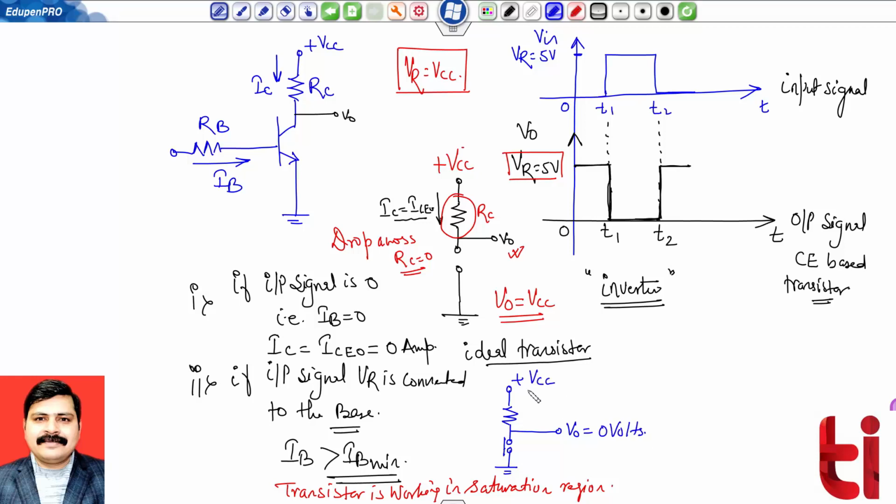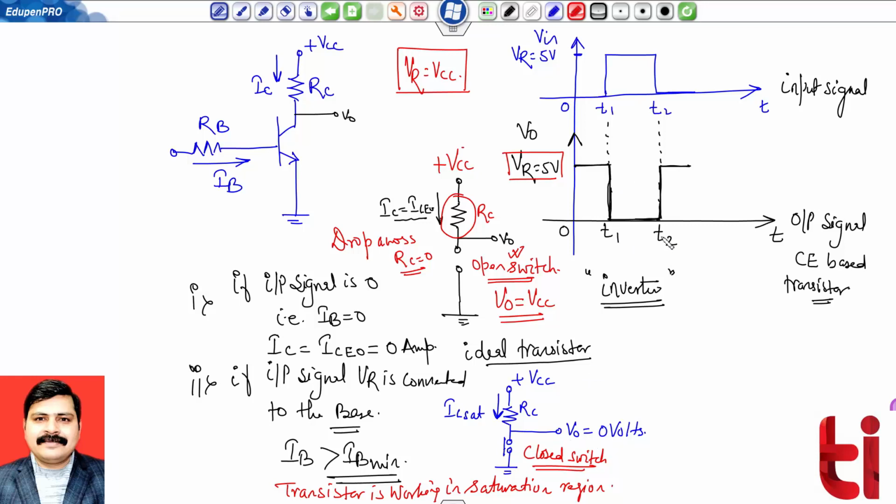The RC current flowing here is the saturated collector current IC sat, and the transistor behaves like a closed switch. However, in the previous case it was an open switch. As it is a short circuit, directly connected to ground, the output voltage is 0 volts.